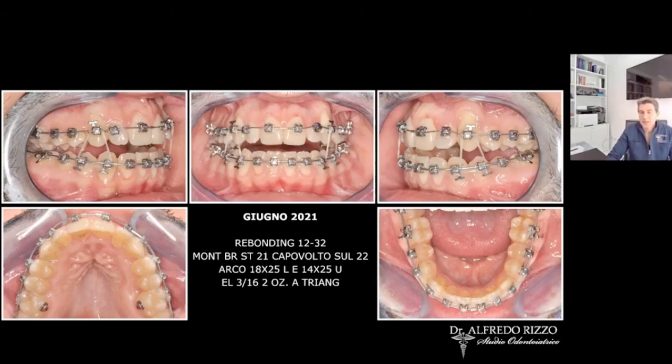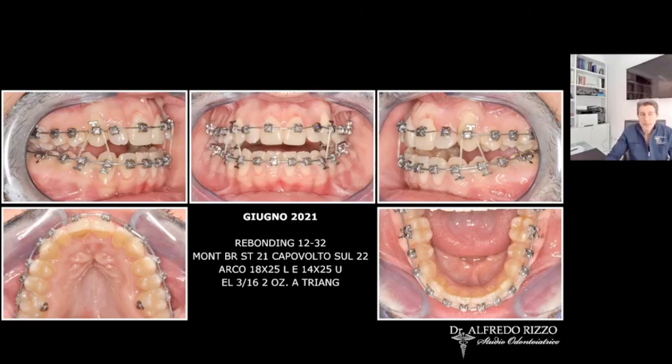I keep 2-2 there, and I keep the arch wire 0.14 over 0.25 in order to avoid extended torque. I keep using the triangular elastics, 3/16, 2 ounces. Why 2 ounces and not 4.5 ounces?